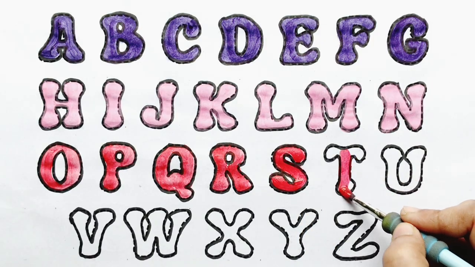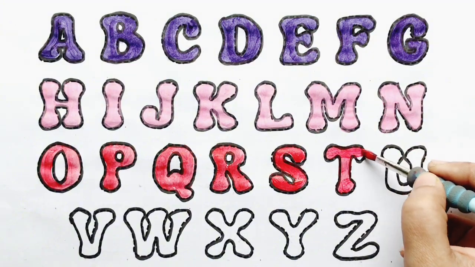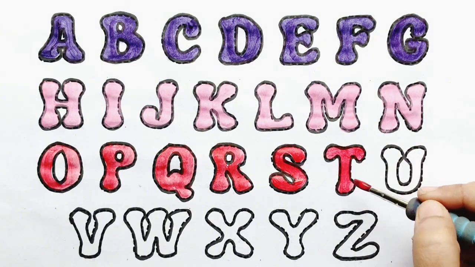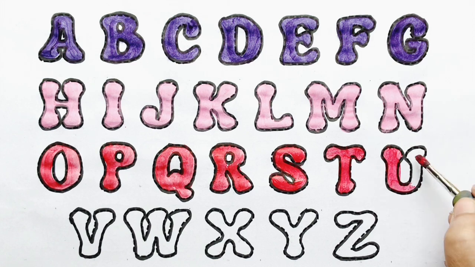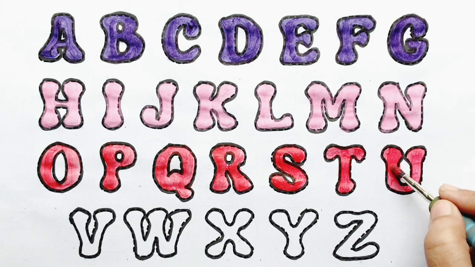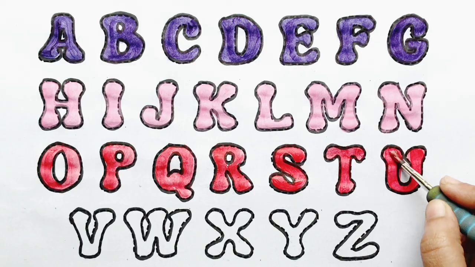T for tiger. Art. Apple, angel, address. U for unicorn. April, autumn, ambulance, airplane, arrow, alligator, ant. Amazing art.